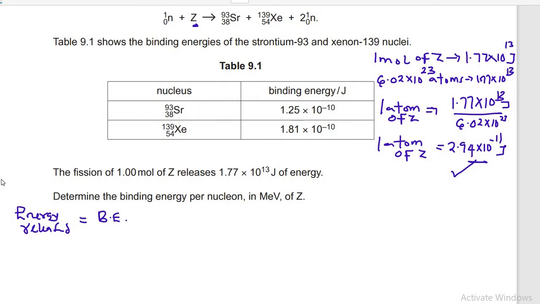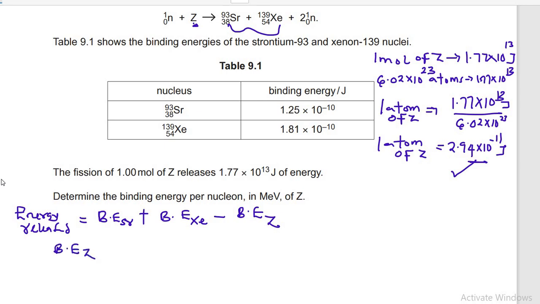The total binding energy of strontium and xenon is greater than the binding energy of Z. So energy release will be binding energy of strontium plus binding energy of xenon minus binding energy of Z.